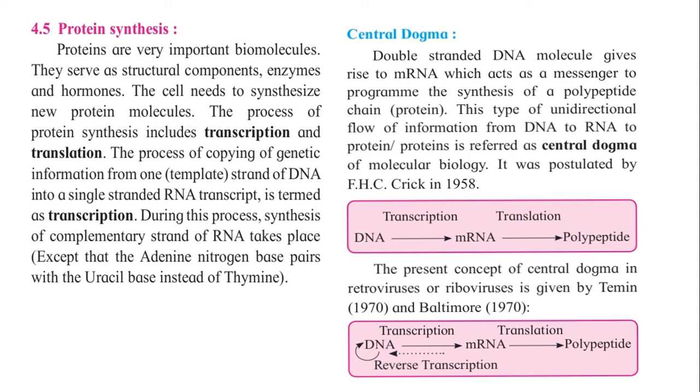The process of copying the genetic information from one strand of DNA into a single-stranded RNA transcript is termed transcription. During this process, synthesis of a complementary strand of RNA takes place.